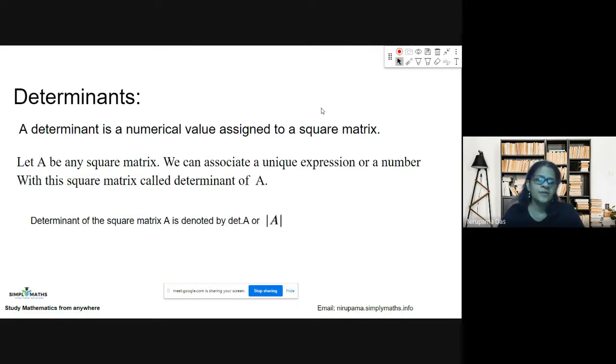Okay, what is a determinant? A determinant is a numerical value assigned to a square matrix. It means only a square matrix can have its determinant.